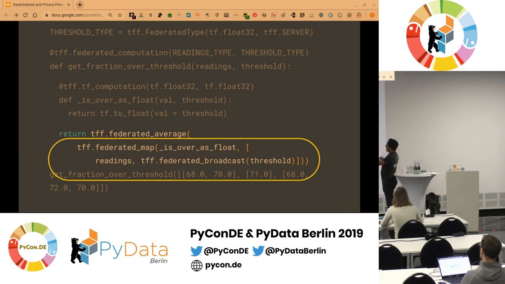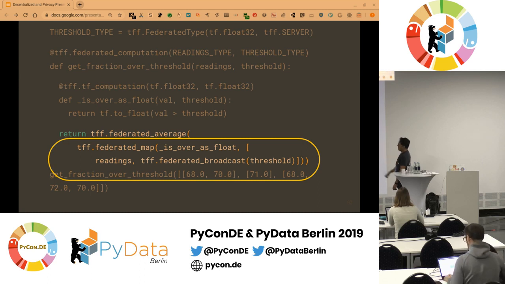So if you look at how this is structured, there is the federated computation, which is get fraction over threshold, the overall function, or representation rather. And then there is the TFF TF computation, which indicates that this is a local operation that's happening on the clients themselves, and it's just computing whether that value is over the threshold or not.